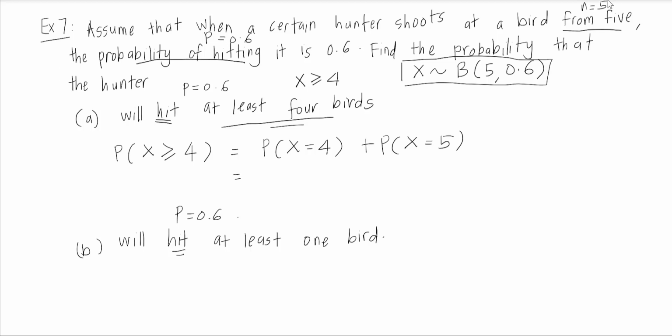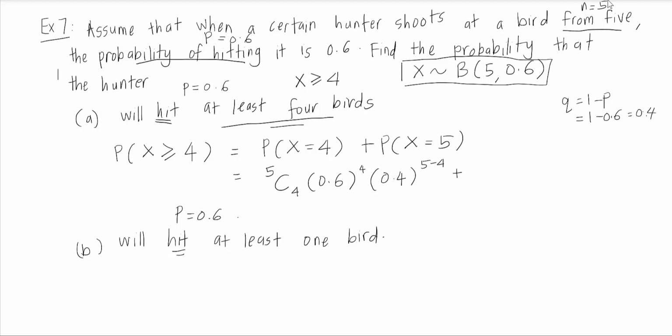So when x equal to 4, we have n is 5, combination x is 4, our p is 0.6 to the power x, which is 4, our q is 1 minus p, that means 1 minus 0.6, we have 0.4, then to the power n minus x, our n is 5 minus our x is 4, which equals 1.